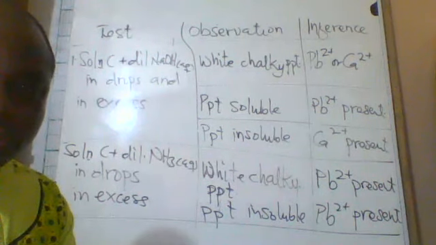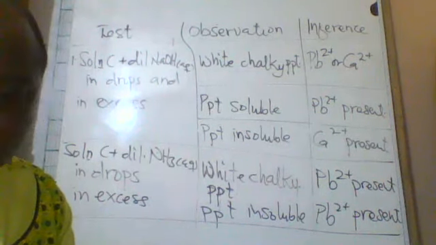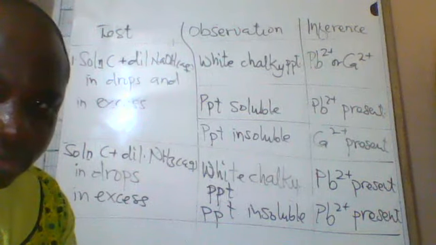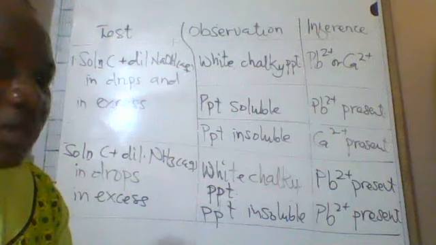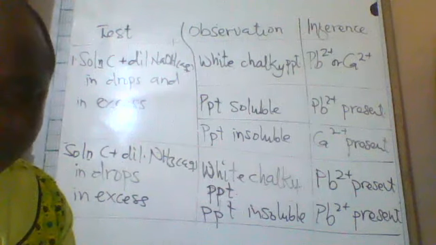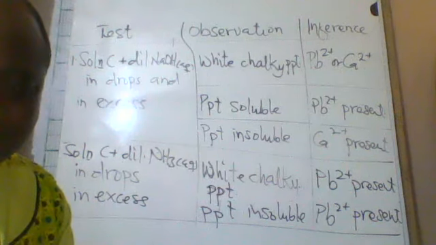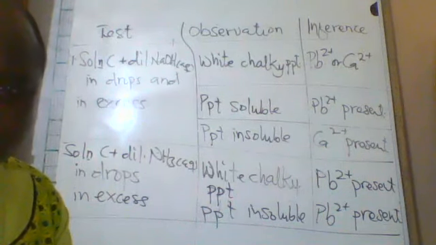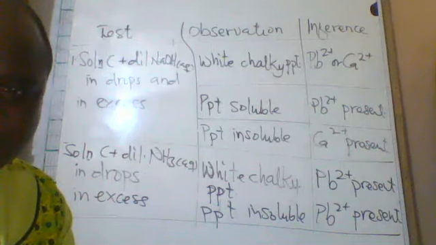Are you trying to tell me that all these things we are doing are all preliminary tests? Yes. Oh, wow. So for the confirmatory test, you don't have to go through a long process like this.